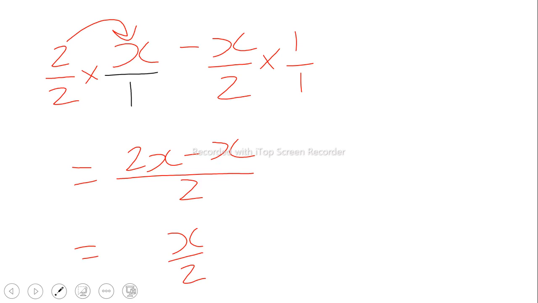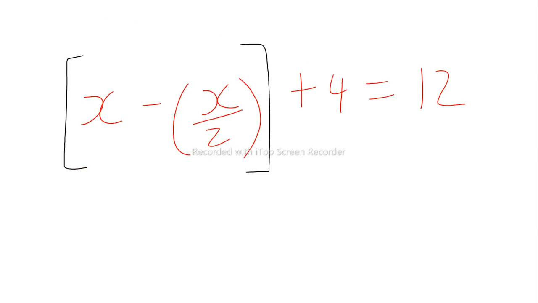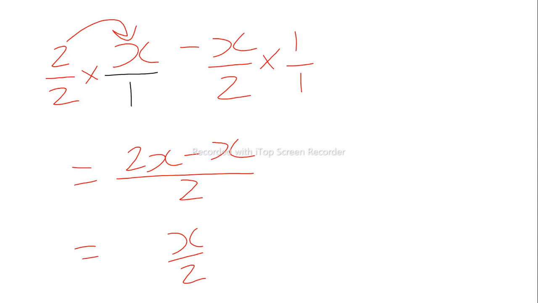Right? Do you understand? One question. Where did the 2 over 2 come from? Remember, we're trying to find, between 1 and 2, what is the LCM? 2.